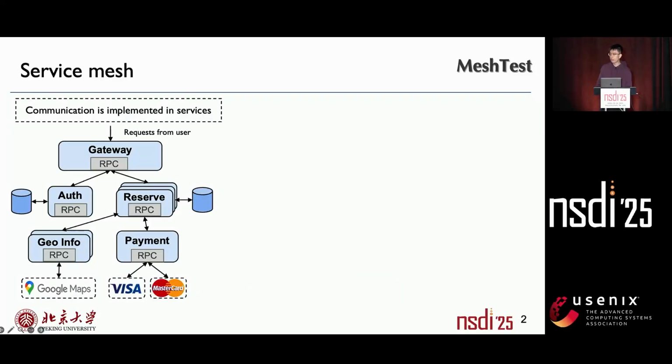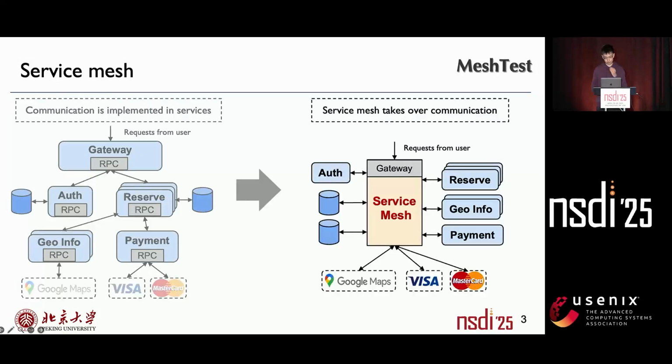Recent years, more and more cloud applications are designed loosely coupled. They divide themselves into microservices and communicate via RPC. However, the shortcoming is that each microservice has to develop and maintain its own RPC communication logic, which brings heavy burden to the developers.